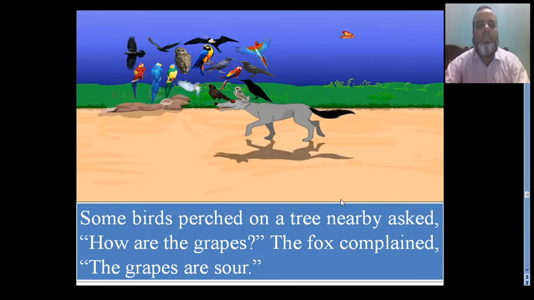That means there are some birds up on a tree, and when the fox was crossing the road, the birds asked the fox, "How are the grapes?" Then he told the birds, "The grapes are sour."